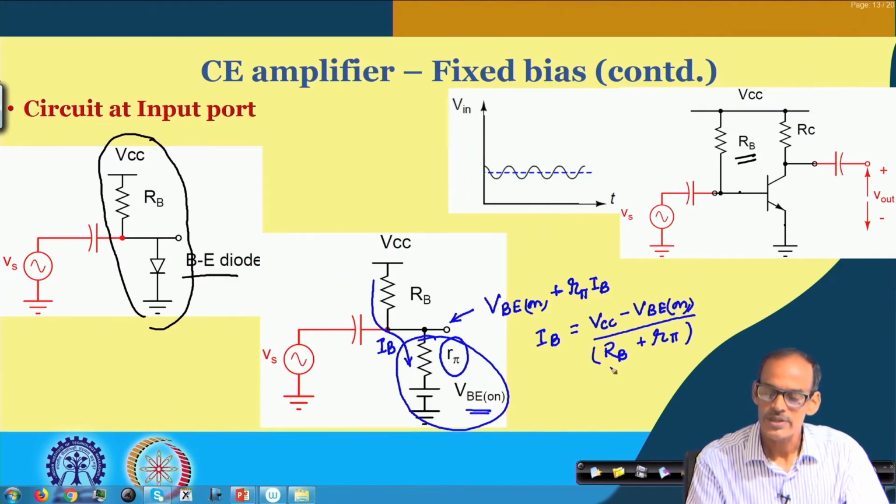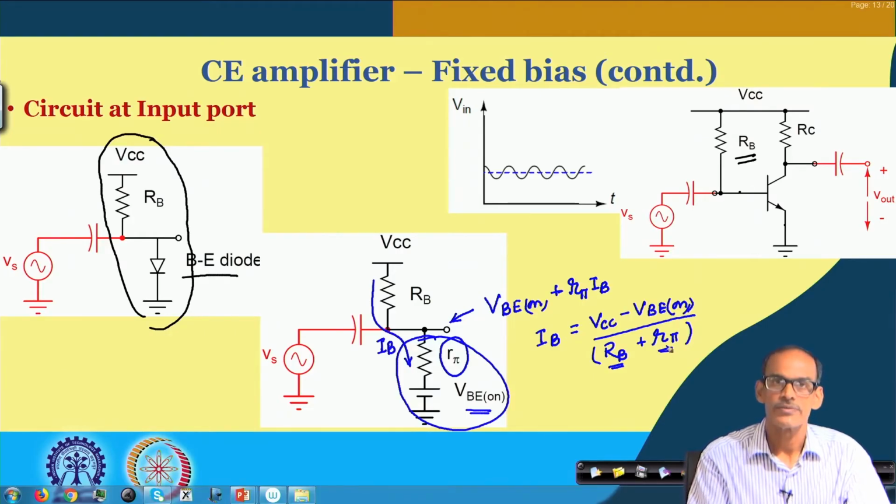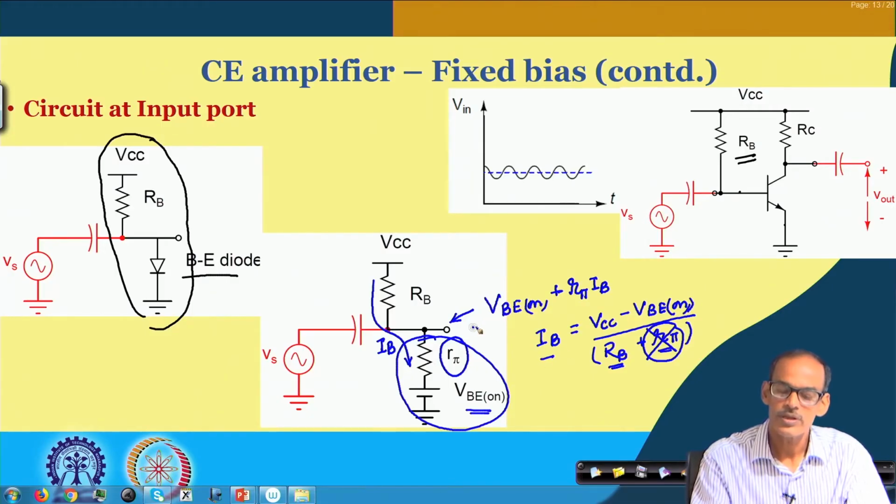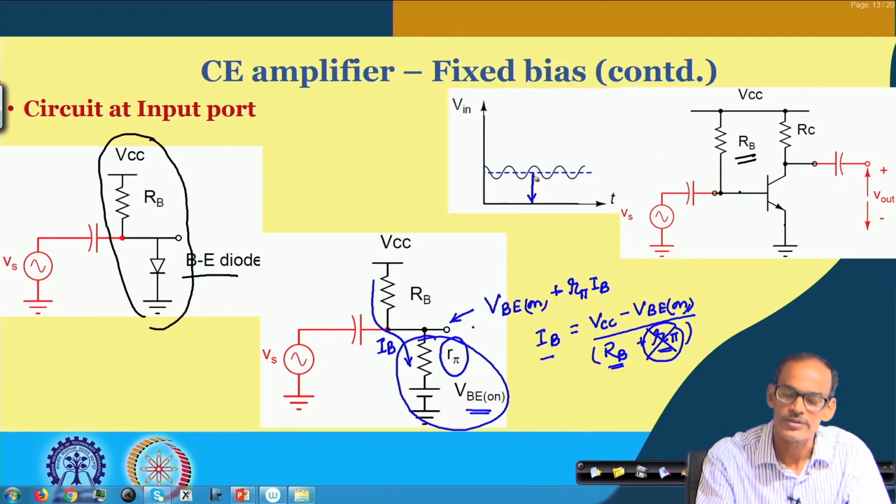Practically this resistance RB is very high, in the range of a few hundreds of kilo ohms to maybe mega ohm, and R pi on the other hand is very small, in the range of a few kilo ohms only. So, since this is hundreds of kilo ohms and this is kilo ohms, you may ignore this part, and from that you can consider the IB, and from that you can find the DC voltage coming here.